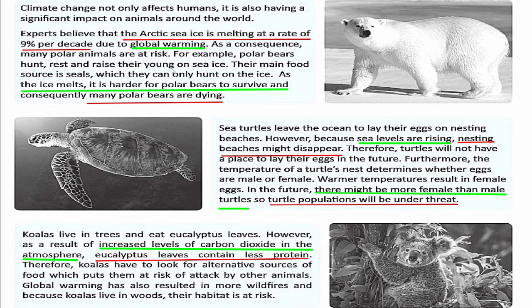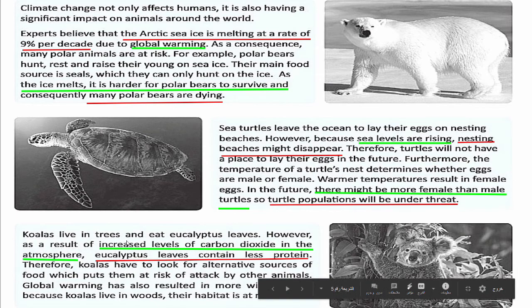Let's have a focus on the cause and effect. Here the cause comes after the effect, and here the cause comes before the effect. Also the cause comes before the effect.